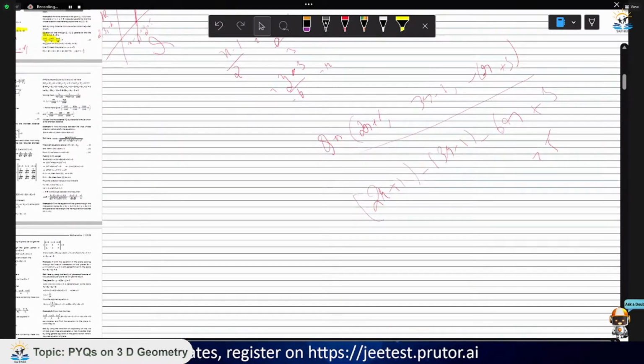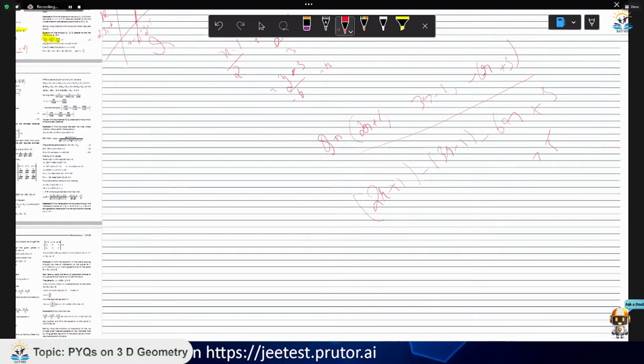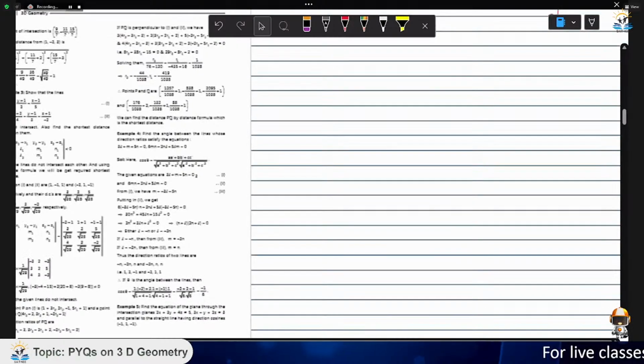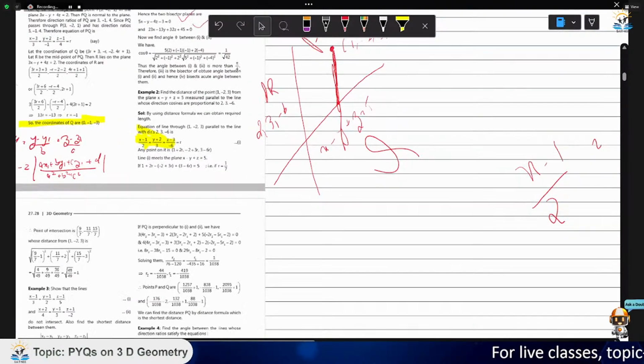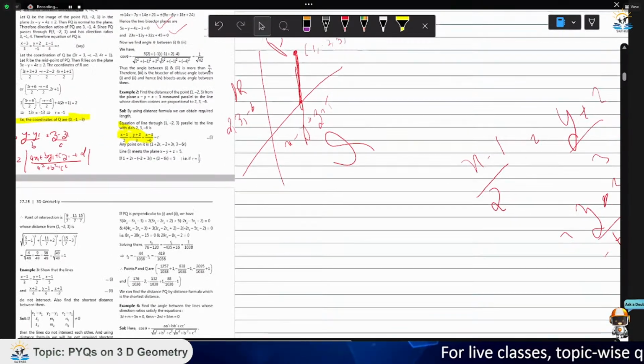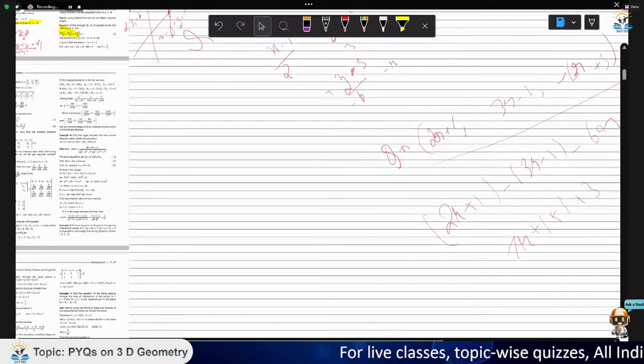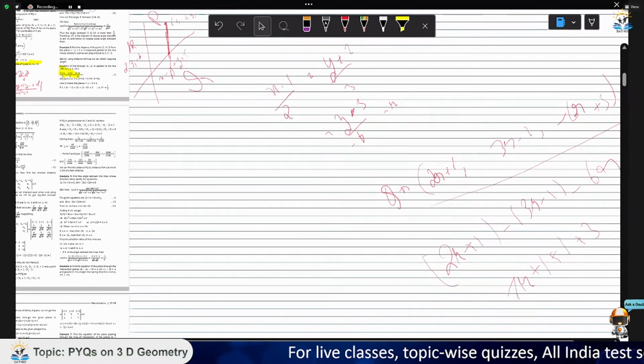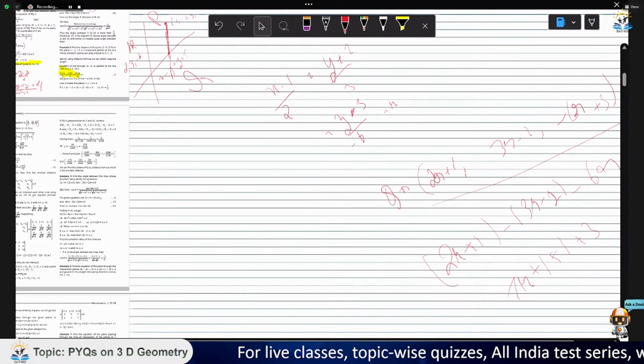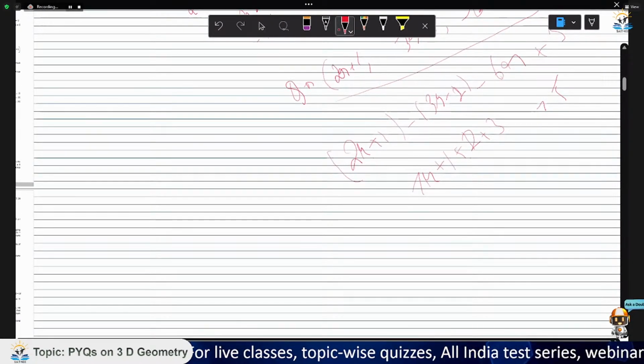So let us calculate. It is 7r plus 1, so this gives me 0. So r becomes 0? What? r is 1 by 7? How is it getting 1 by 7? I'm not getting 1 by 7. Am I getting 1 by 7? So it's 2. Forgive my handwriting, guys. It's 2.